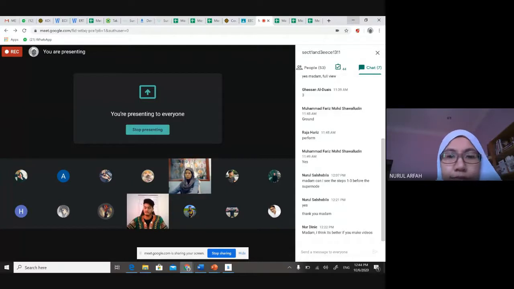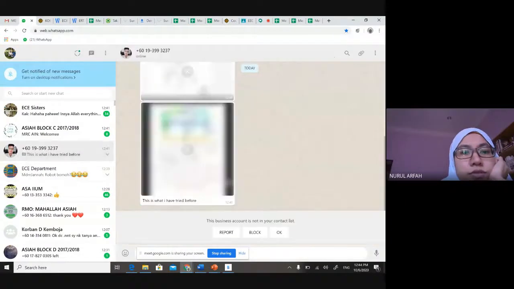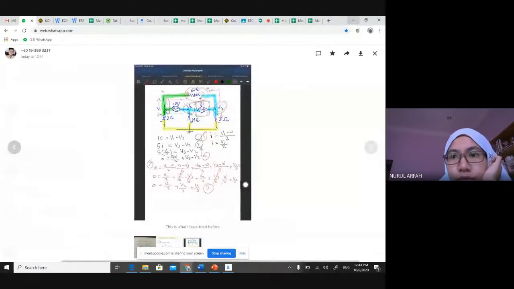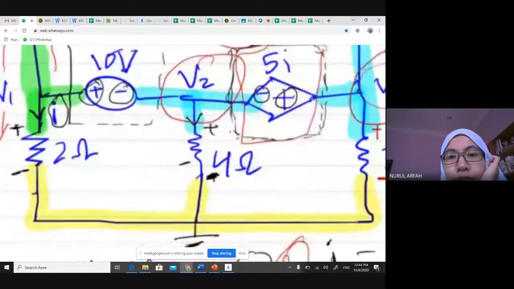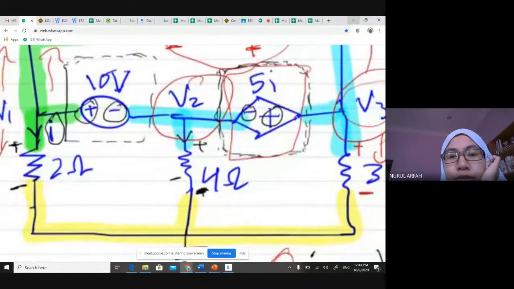Any other questions? Our brother actually showing us this. Okay, this answer. Okay, he's using two supernodes. Okay, two attempts. So if we have two supernodes, then two from one side, two from the other side, then you can omit the middle part here.